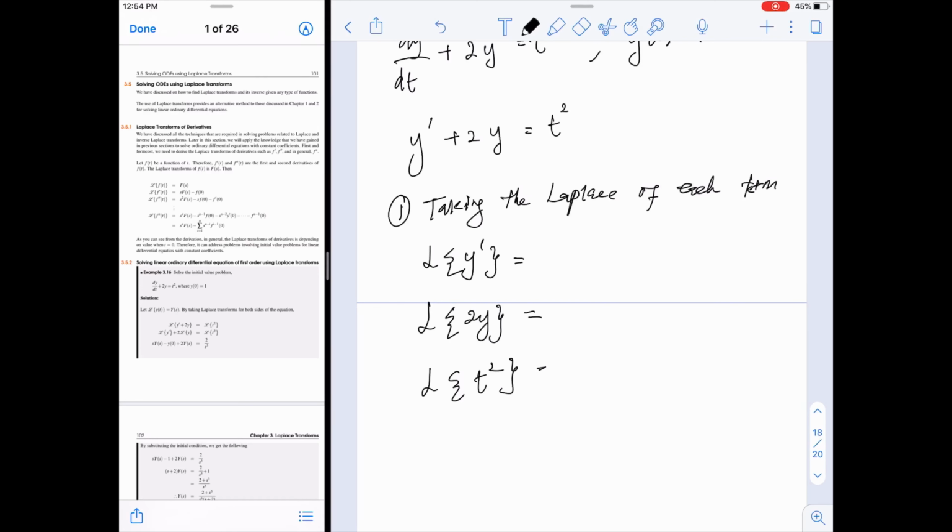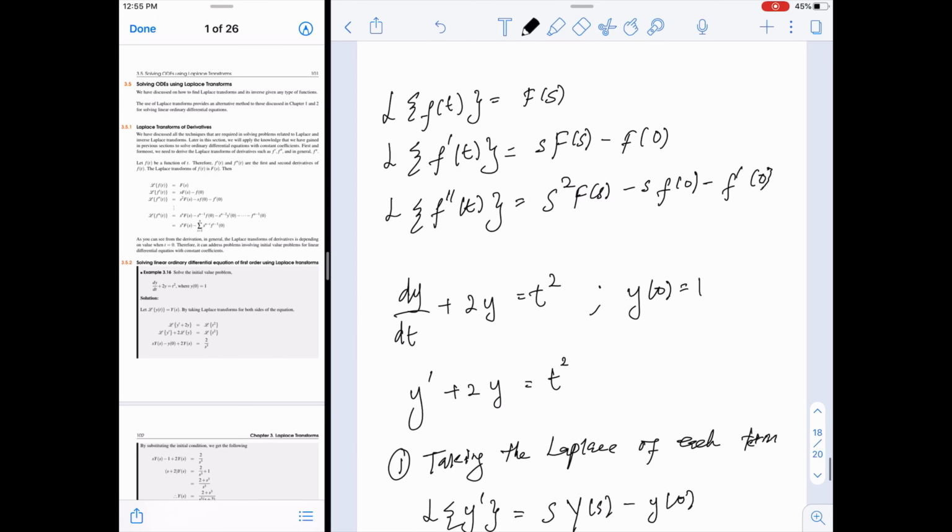For y prime here, you will get sY(s) minus y(0). Don't be confused, because previously we denoted it with f, now we have y.